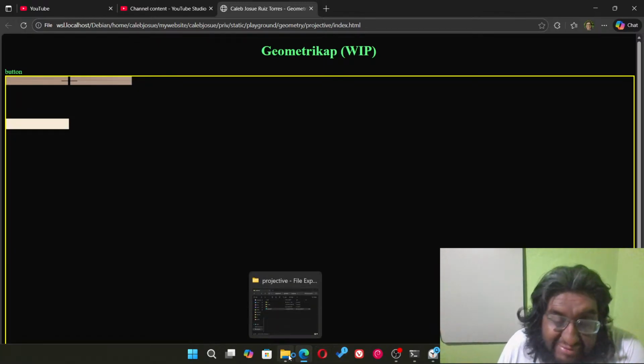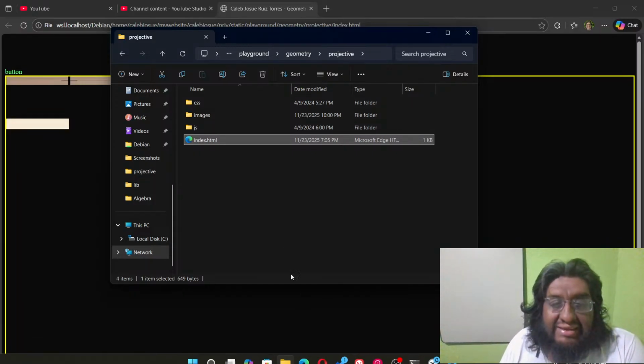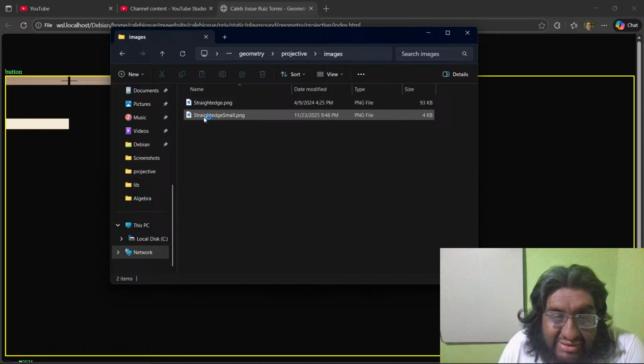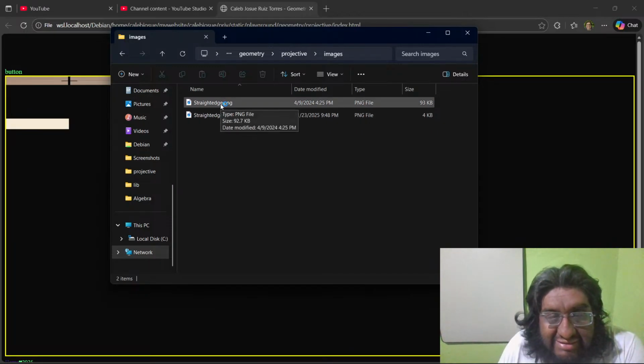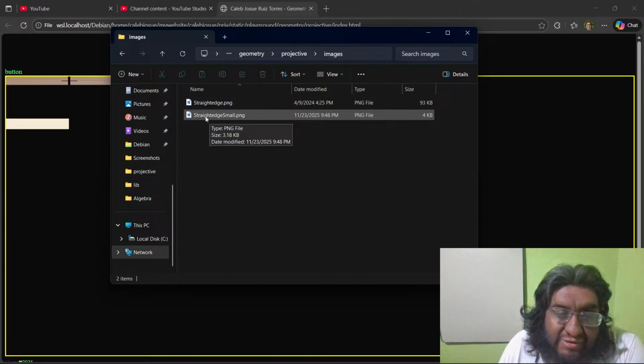So we have something to do instead of just tweaking numbers, crunching numbers. So we have an image, and then we have a threaded edge. A threaded edge is small.